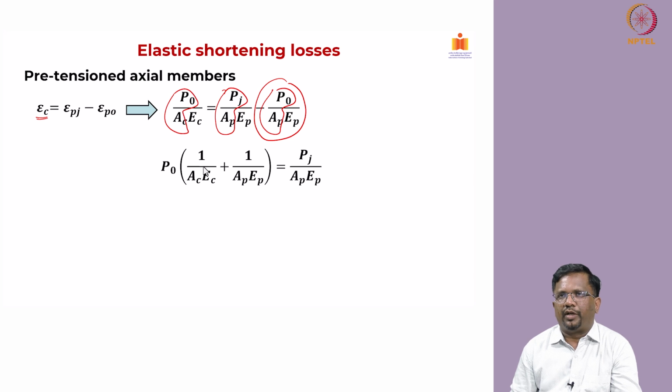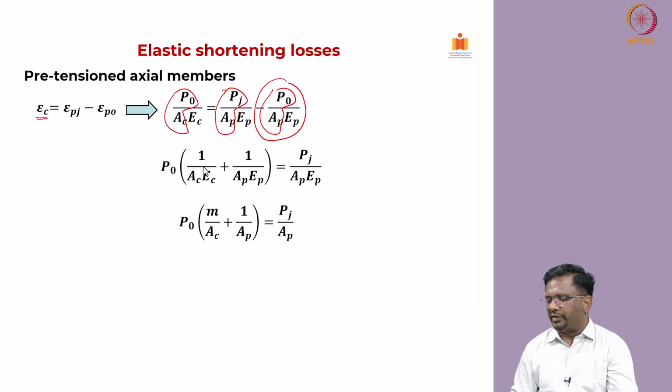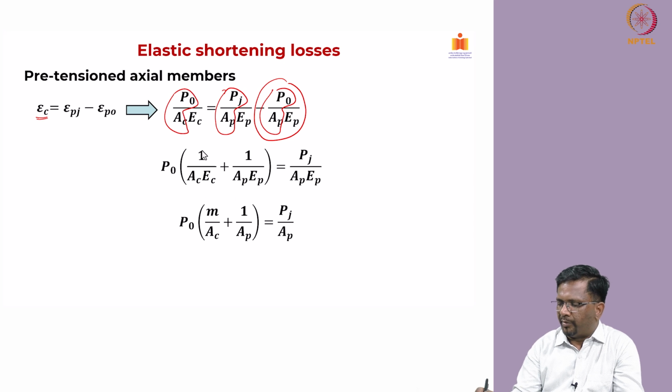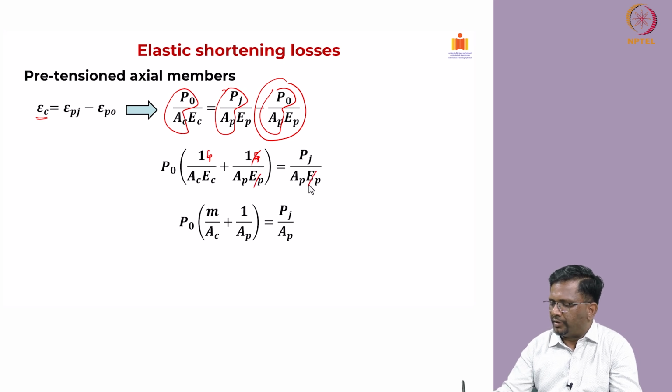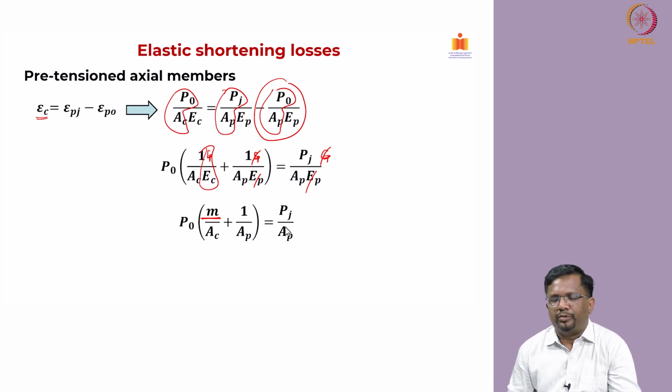Further simplification: if I multiply everything by EP, the EP cancels in the terms. You find that EP by EC is nothing but the modular ratio m, so it becomes P naught into m by AC plus 1 by AP equal to Pj by AP.